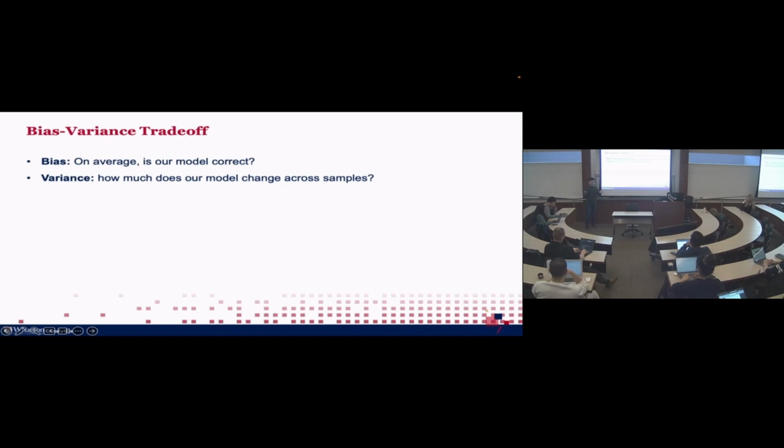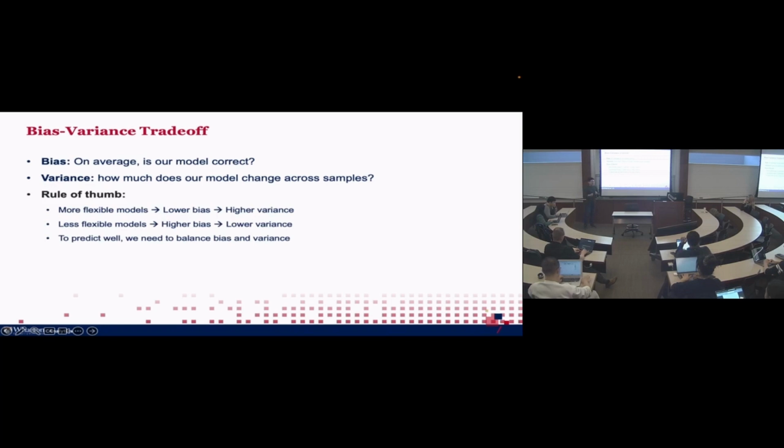If it changes a lot, it means the model has a high variance, otherwise it has low variance. And I'll tell you a rule of thumb. It's a kind of canonical wisdom in the literature. If the model is more flexible, like connecting the dots, it's very powerful, complex, it will have lower bias, but it will have higher variance. If it's less flexible, like a line, it will have higher bias, but lower variance. And to predict well, you need to balance both bias and variance.